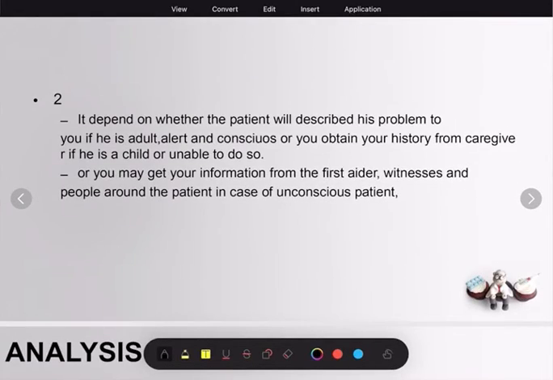Two, it depends on whether the patient will describe his problem to you if he is an adult, alert and conscious, or you may obtain your history from a caregiver if the patient is a child or unable to do so. Or you may get your information from the first aider, witnesses, and people around the patient in case of an unconscious patient.